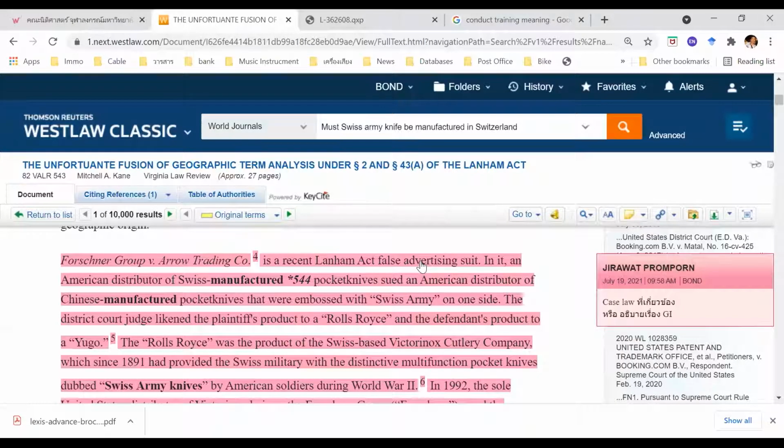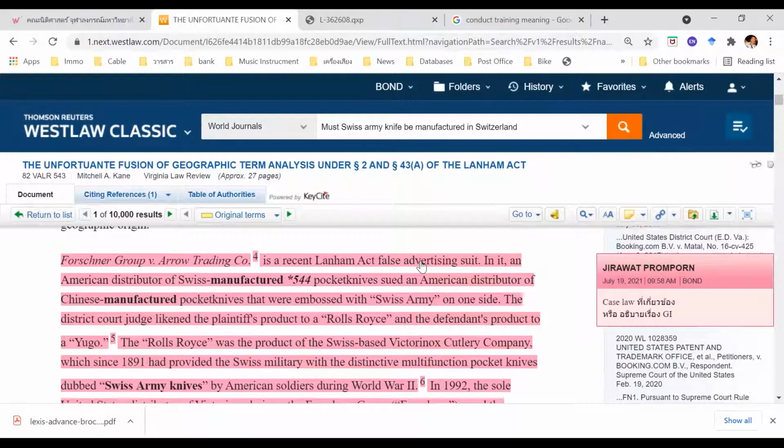If you say you are Swiss Army knife, how the buyers, maybe they just trust you on the quality of the knife, because the buyers or the people who know the name Swiss Army knife, they know that the quality is very good for Swiss Army knife, but the origin of Swiss Army knife is in Switzerland, not Thailand.